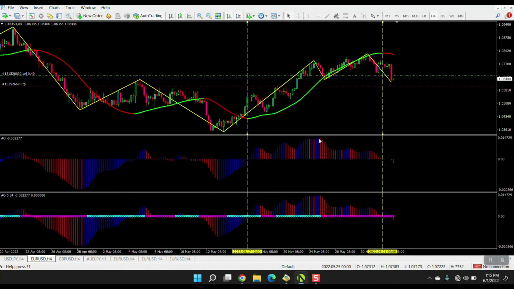And now the awesome oscillator is losing strength, and that's the way momentum does. Momentum slowly dies until it just gives up. And about that time, the TSR 89 is going to be slow to react. Now for some reason it reacted pretty fast here, but usually it's slow.